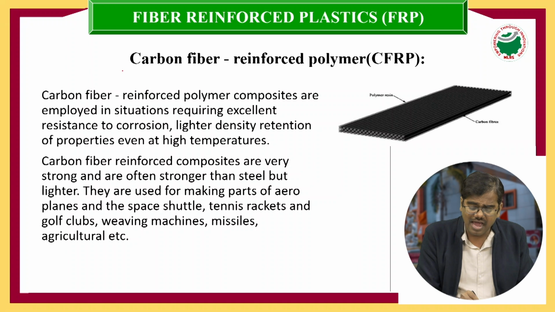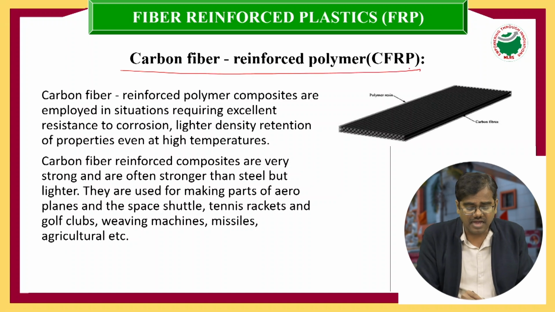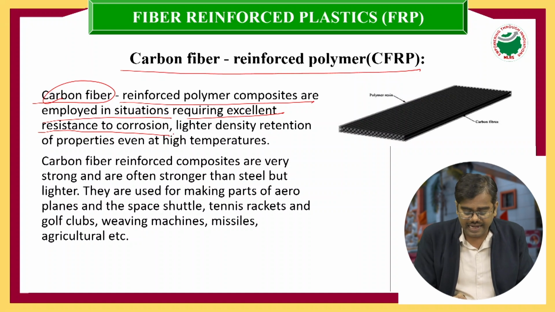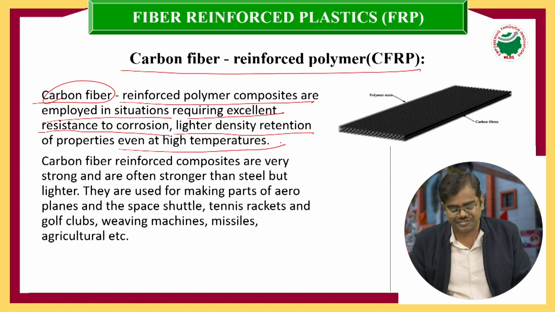Similarly, carbon fiber reinforced plastics. Carbon fiber reinforced polymer composites are employed in situations requiring excellent resistance to corrosion, and they do not form any rust on the surface of the materials. They have a lighter density and retention of properties even at high temperatures.